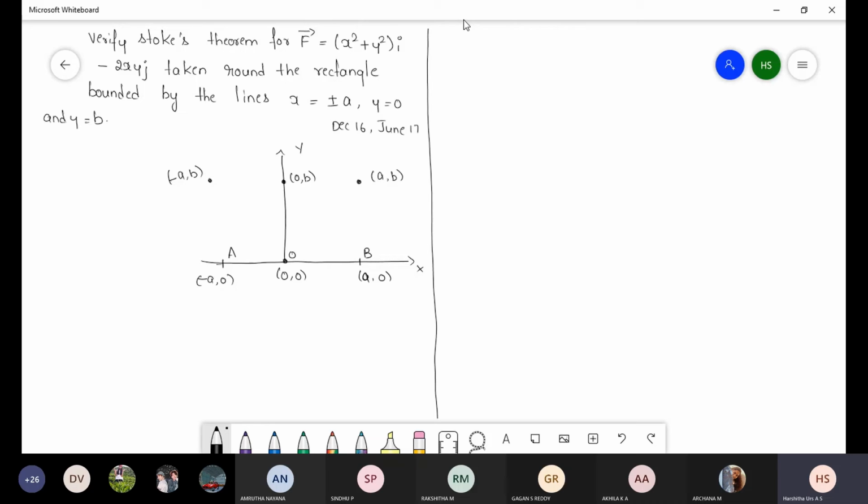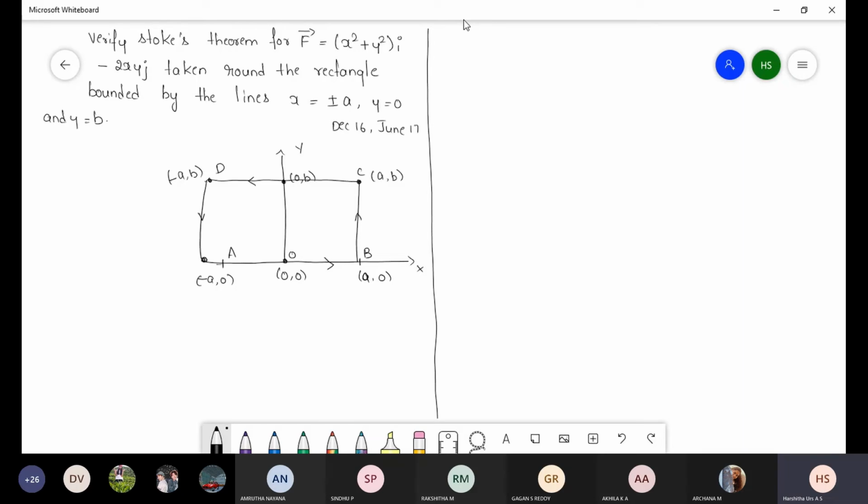Then a to b, again minus a to b. So direction you have to mention. Yes, direction O to B, then B to C, C to D, again D to A.